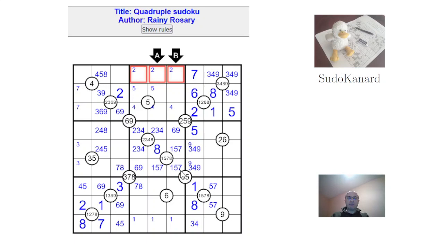And something similar is happening here. We don't have a 5 here, but there has to be a 5 somewhere in one of those 2 cells, so this can't be a 5 anymore. There has to be a 9 in one of those. That doesn't seem to be really interesting.